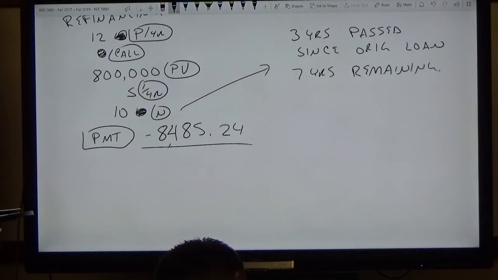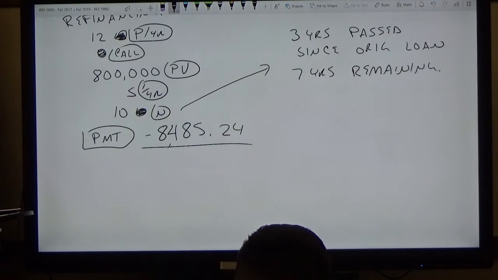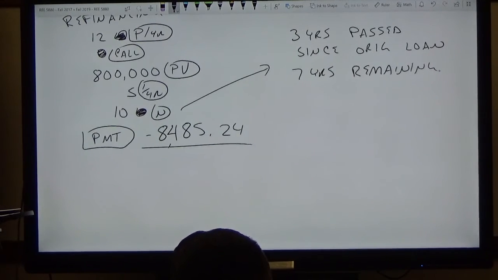Now, what we need to do in terms of this loan, we can do this a couple of different ways. Just make sure, so I make it as easy for you as possible.